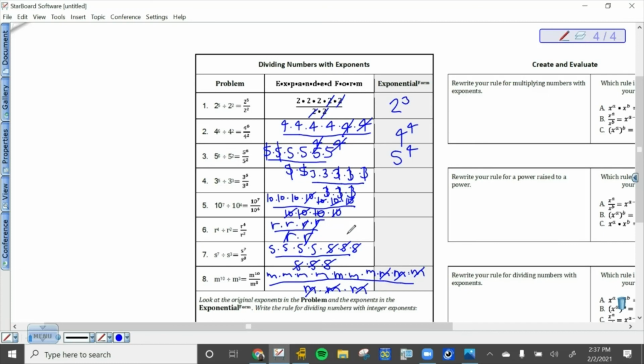Think about 5 something 2 equals 3. And 6 something 2 equals 4. 5 something 3 equals 2. What is that something?